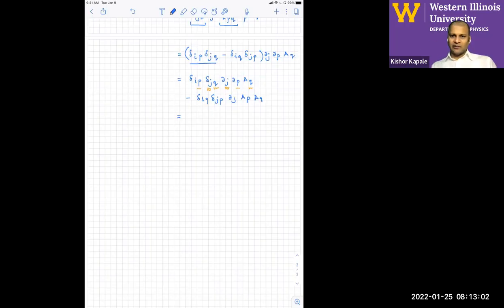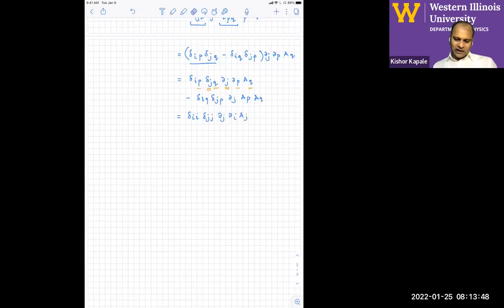So wherever I find P, I'm going to replace it with I. So I get del_J, and del_P is now replaced with I. That's why you get that I. And for the second Kronecker delta, delta_JQ, J and Q need to be identical, so anywhere I see Q, I replace it with J. So strictly speaking, you get delta_II, delta_JJ, del_J, del_I, A_J.